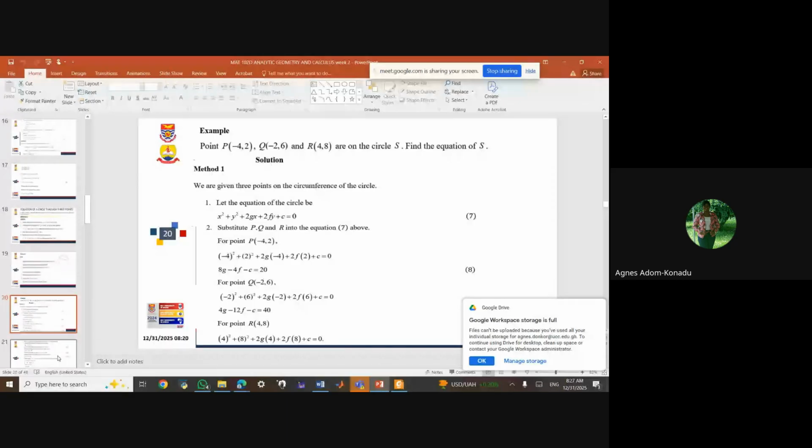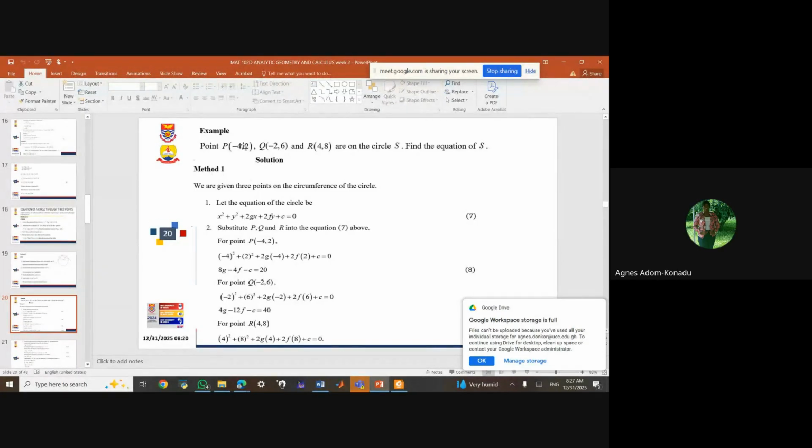It says that we have the points P, Q, R on the circle S. We want to find the equation of S. We solved this one part, I remember. So here we are given 3 points on the circumference of the circle, and we let the equation of the circle be x squared plus y squared plus 2gx plus 2fy plus c equal to 0.